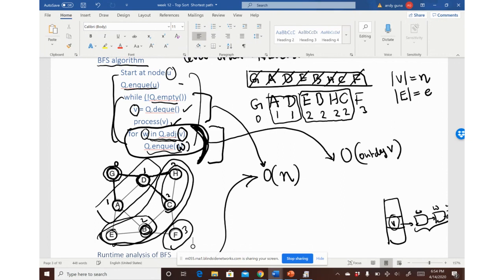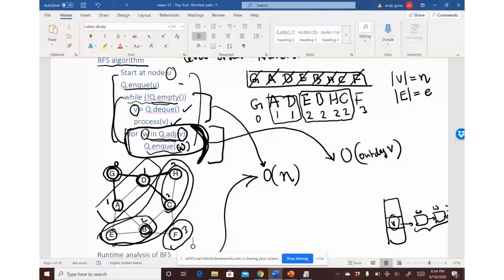Although you're going through every node, this is a place where you don't multiply these two, because when you see two loops, you tend to multiply. Out degree is the number of edges that are going out of a specific node.